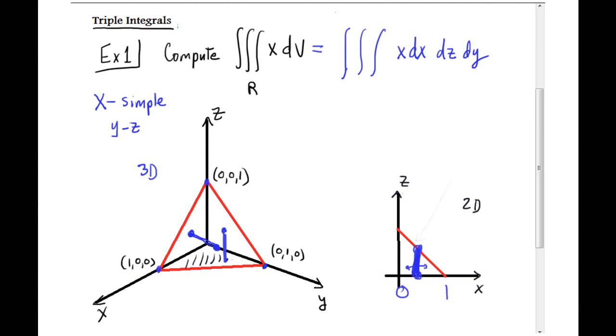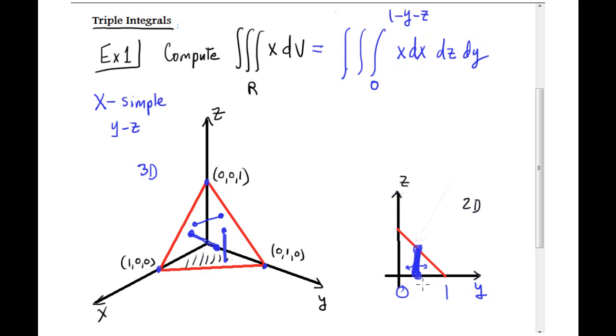Now this is not x anymore, it's y. Okay, so the integration in the 3 dimensions first is like that. Go from 0 to 1 minus y minus z, which is the value of x when you isolate x in the equation of the plane.